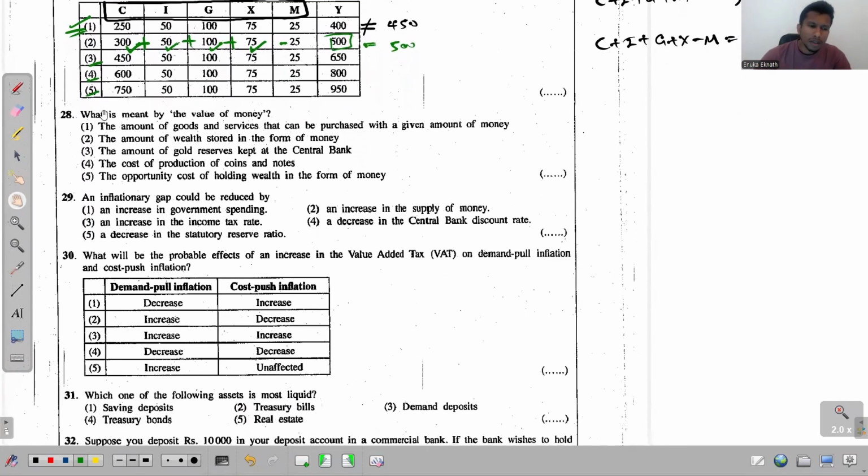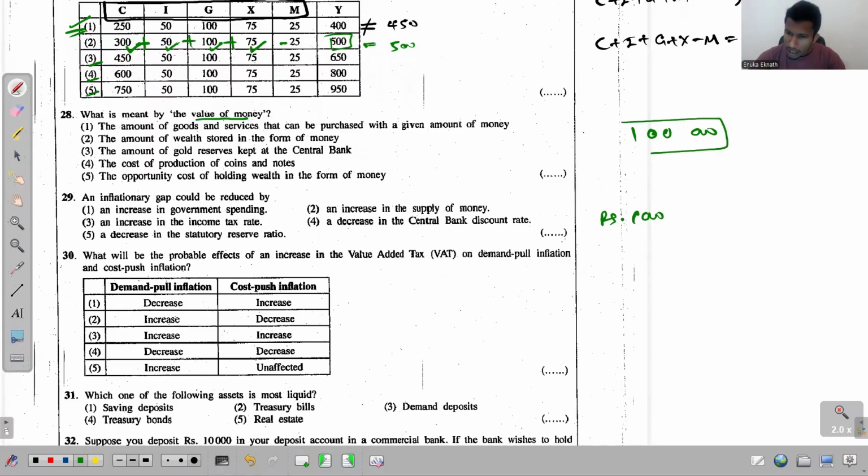Right, now look at this question 28. What's meant by the term value of money? All right. So the term value of money stands for this. Imagine that you have rupees 100,000 and there's only one good in that given economy. Just to make the explanation simple, imagine that there is only one good in that given economy and the price of this good is just 1,000, right?